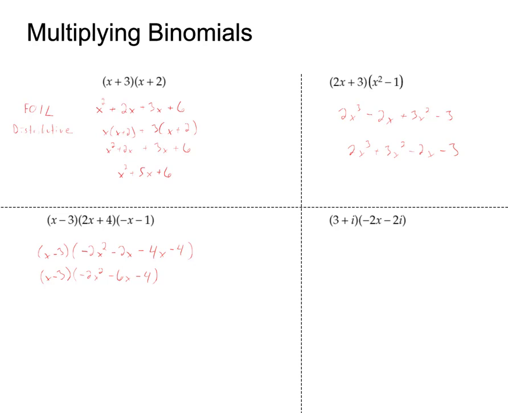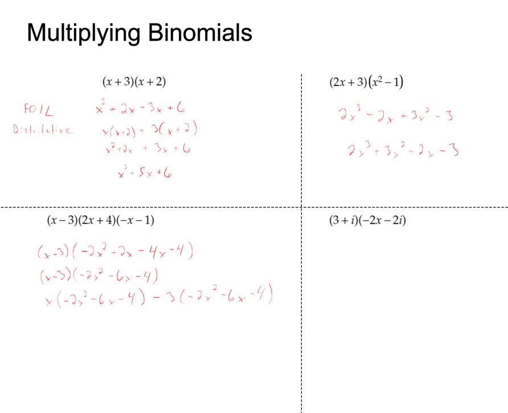So let's take x times negative 2x squared minus 6x minus 4, and then minus 3 times negative 2x squared minus 6x minus 4.